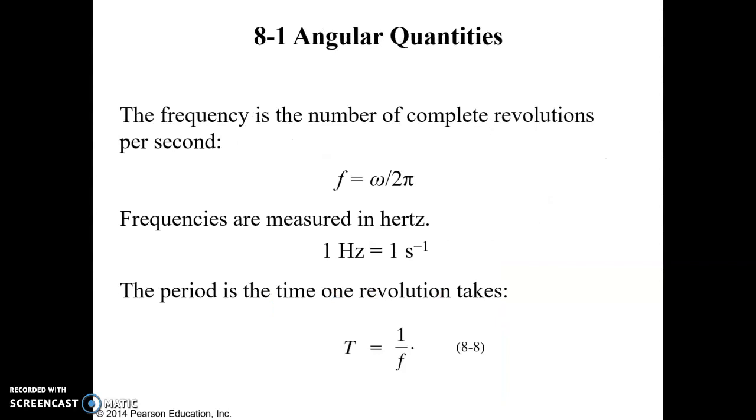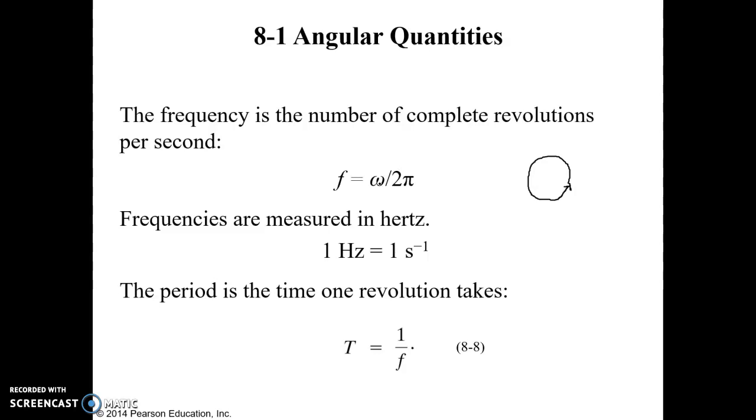Okay, so let's introduce some more terms here. Frequency, abbreviated with an f, is essentially just a way to describe how quickly something happens or repeats. In this case, we're talking about traveling around in a circle. So frequency is essentially how many rotations we make in a given period of time.